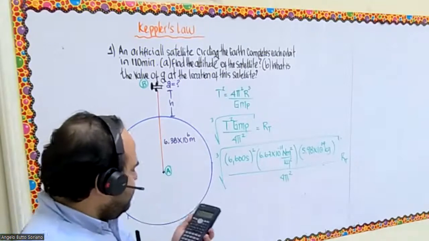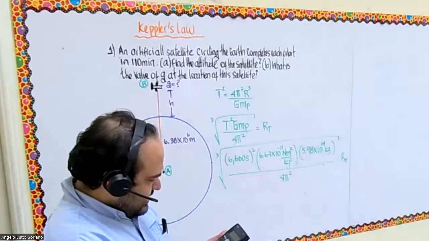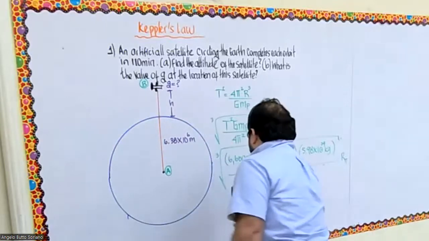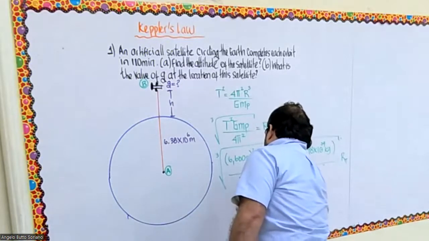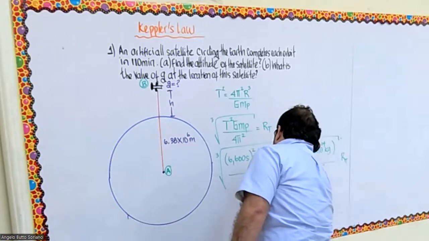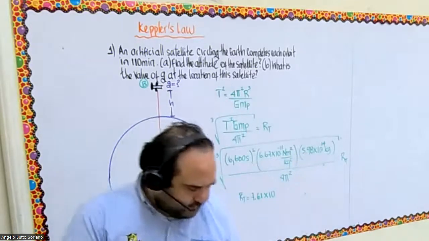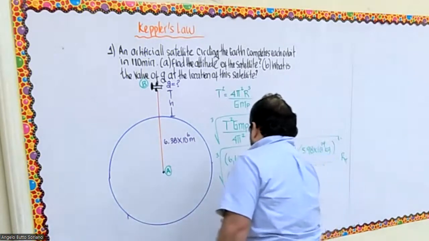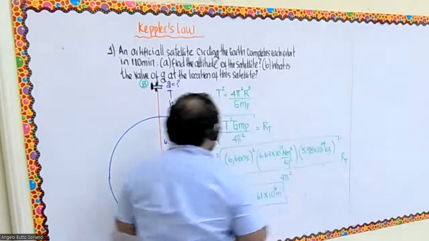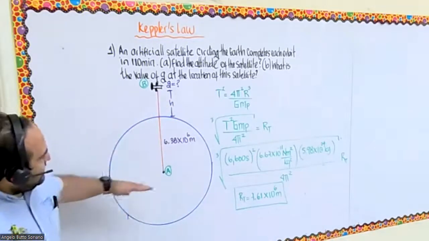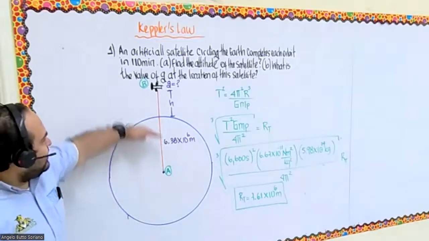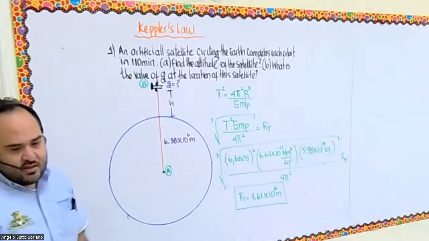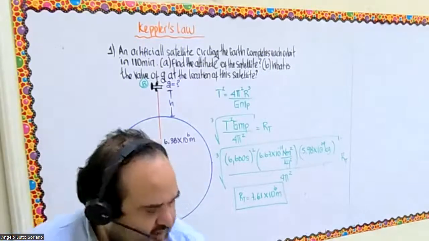Well, actually the total radius will be, in scientific notation, 7.61 times 10 to the 6 meters. This is going to be the total radius, I mean, the distance between point A and point B. But we are looking for the value of h. It's simple, because we're looking for what will be this distance from the Earth's surface.